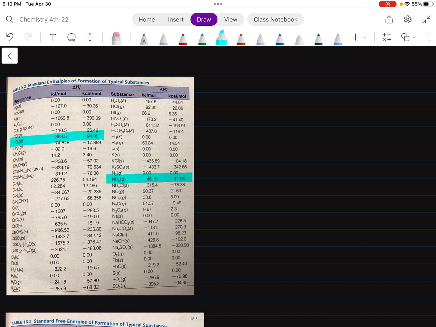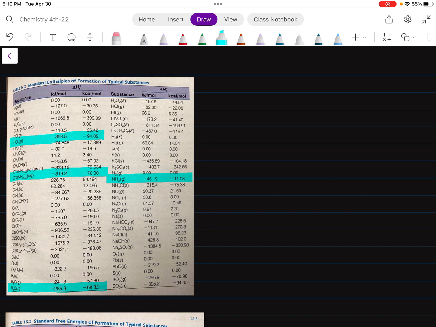Here we go, liquid water. And then finally, we're going to look for urea. Urea is right here, and it's going to be in solution, so we're going to use this one. Those are the four values from the table that we're going to use.